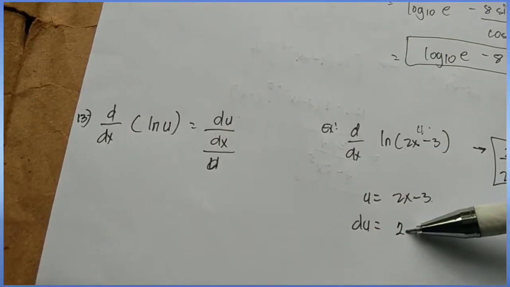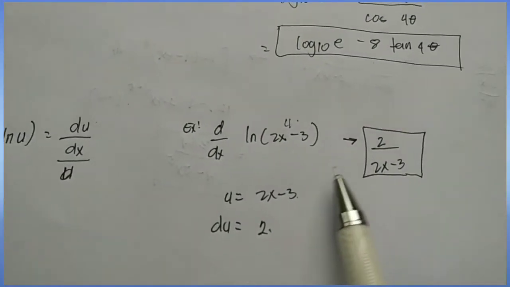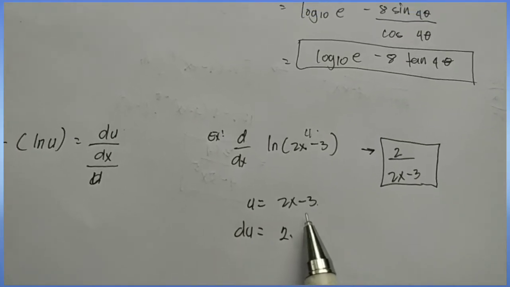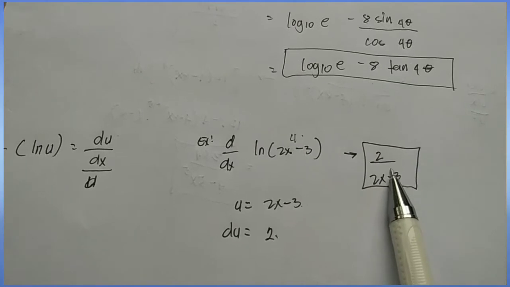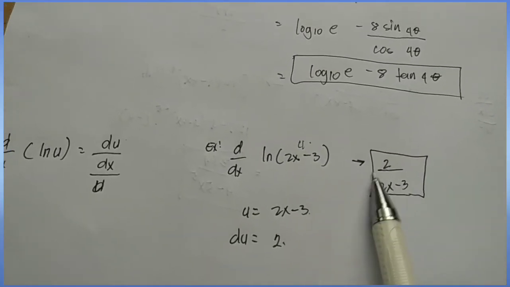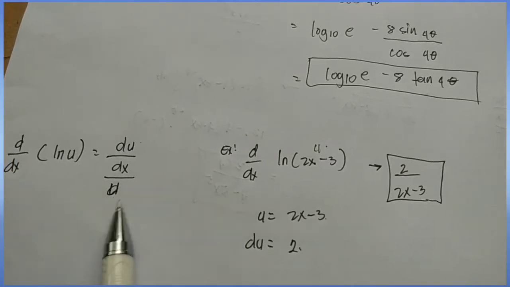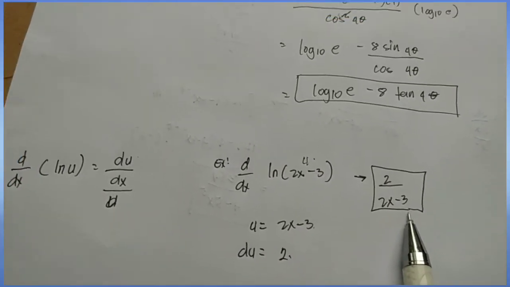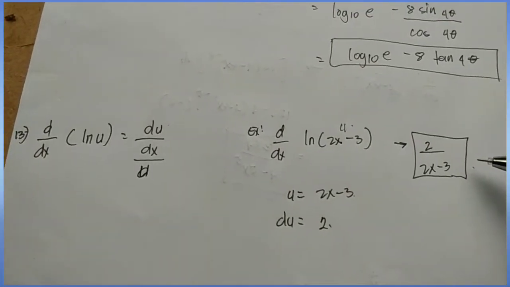So use the formula du over u. So the derivative of your u is 2, all over your u, 2x minus 3. So that is our final answer for number 13.